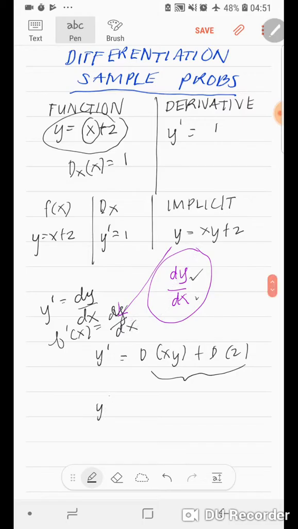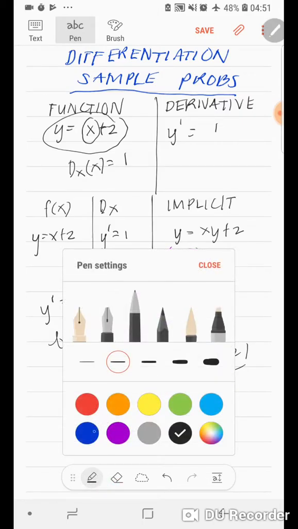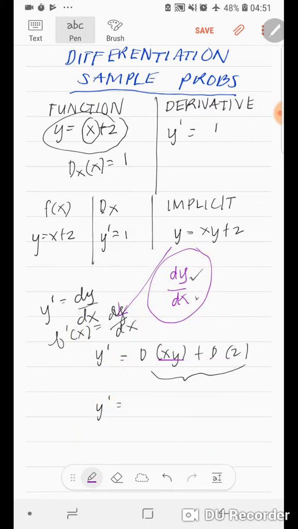So trying to simplify further, so we know by this rule, let's choose another color, we know the u dv plus v du, so we can always attribute, let's just erase this first, u as x and then v as equal to y.